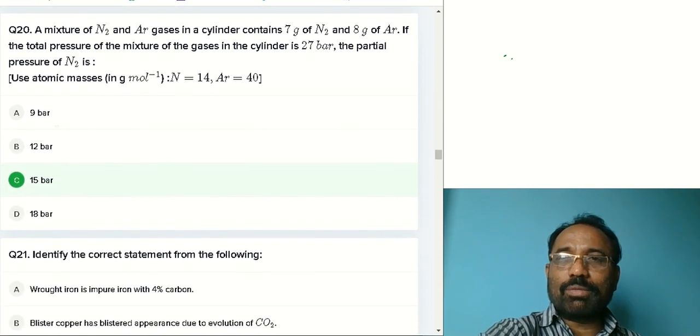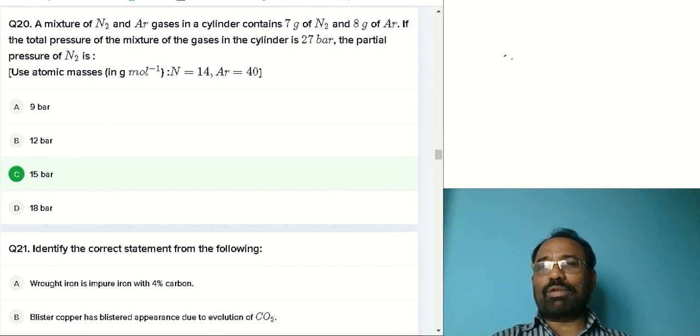Next, see question number 20. A mixture of nitrogen and argon gases in a cylinder contains 7 grams of nitrogen and 8 grams of argon. If the total pressure of the mixture in the cylinder is 27 bar, find the partial pressure of nitrogen.